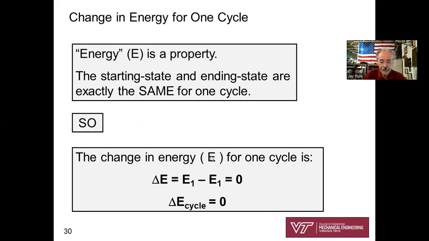So the change in energy E for one cycle, delta E, is E1 minus E1. That's exactly 0. So the answer to part B of the homework is delta E of the cycle is 0. That's kind of cool.